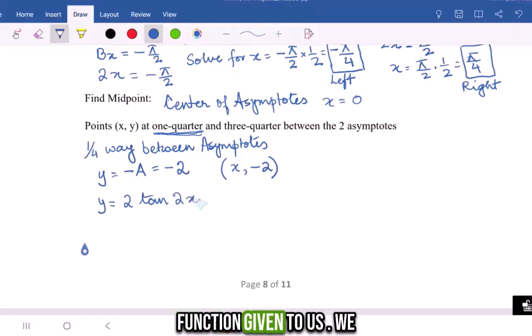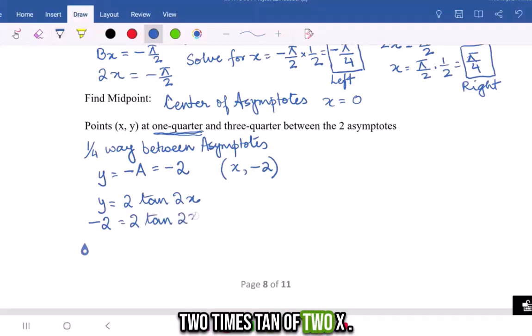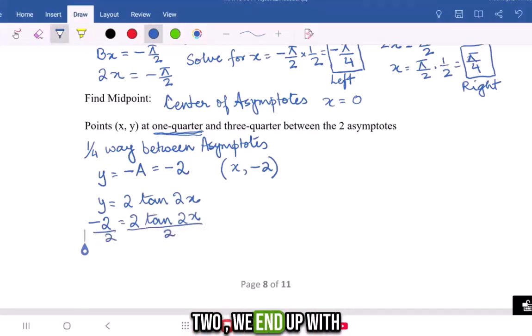That's the function given to us. We just found that y equals negative 2. So let's plug in negative 2 for y, and we have to solve for x. So negative 2 equals 2 times tan of 2x. Divide both sides by 2. We end up with negative 1 equals tan of 2x.